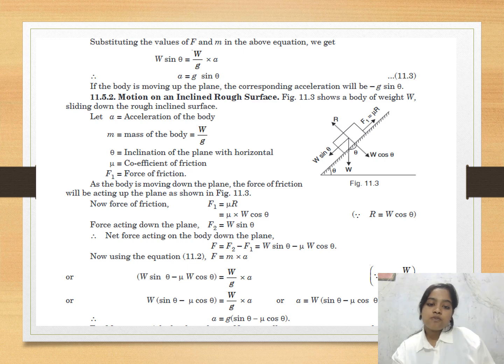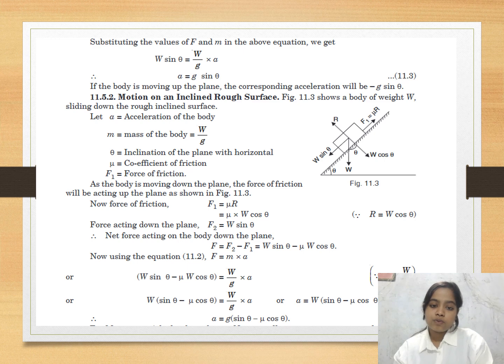Now the total force, F2 minus F1, is W sine theta minus mu W cos theta. Now using the equation F equals ma, we get W sine theta minus mu W cos theta equal to W by g into a.